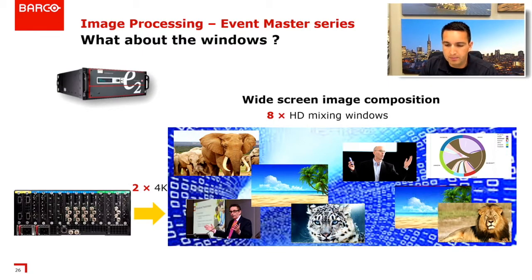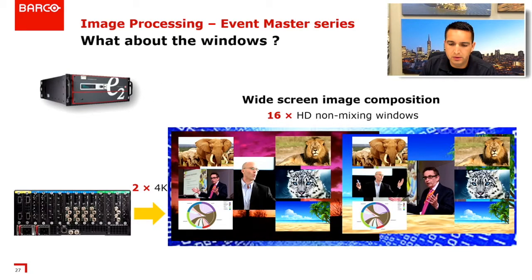And then go into that mixing mode. Or you can split it up and do 16 HD non-mixing windows. So a mix layer uses 2 HD non-mixing layers or windows. So if you don't use them in mixed layer mode, you have twice as many, right?